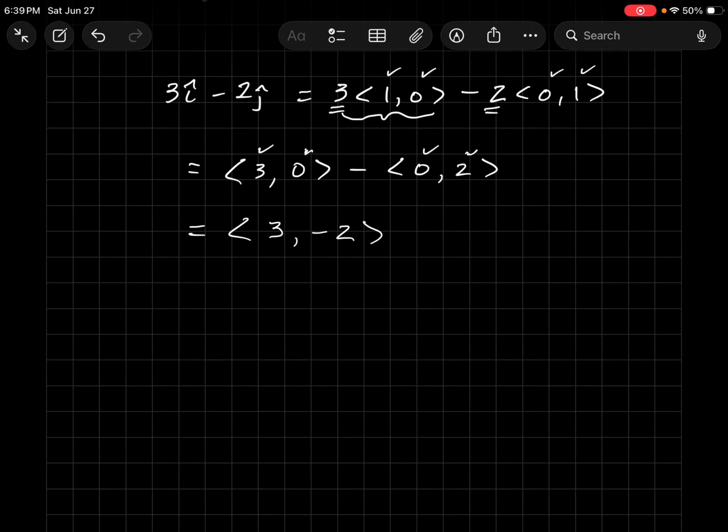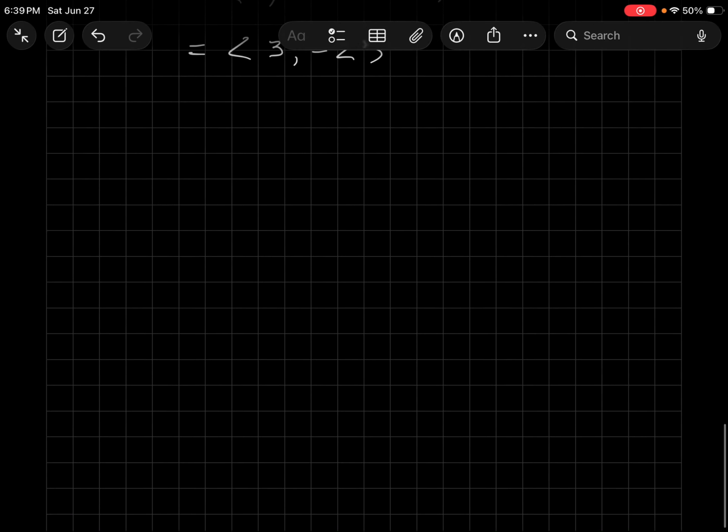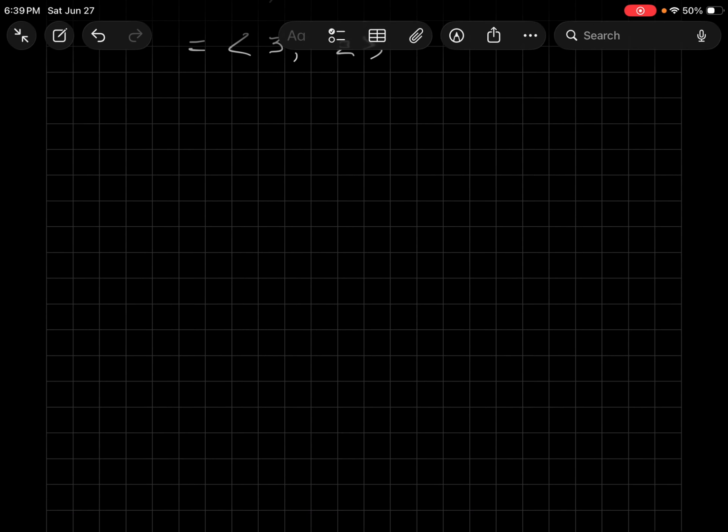Now, I did a lot of work there for something really simple. So let's just do some simple examples where we multiply vectors by a constant and then add them together. So let u equal the vector 4 comma negative 1, and v equal the vector negative 2 comma 3.